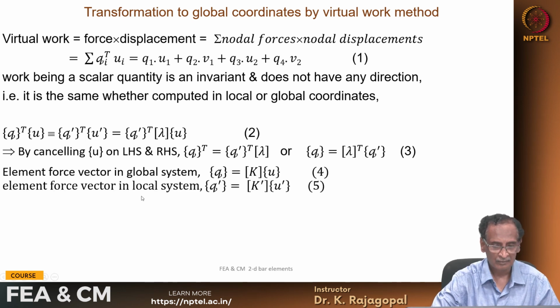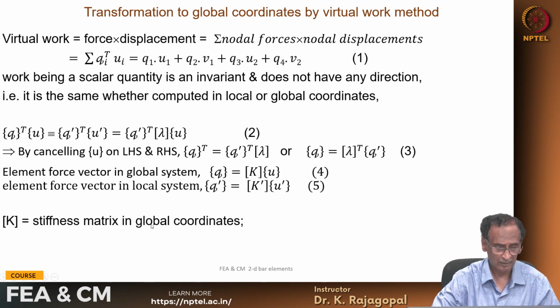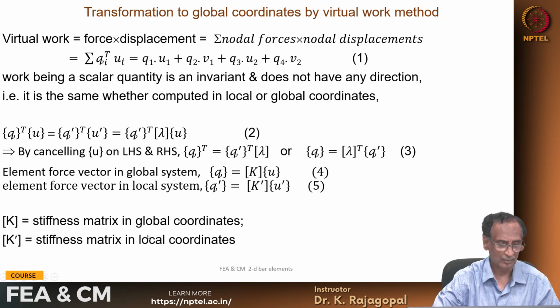And the element force vector in the local system q prime is k prime times u prime. k is the stiffness matrix in the global coordinates and k prime is the stiffness matrix in the local coordinates. Now we need to find a relation between k and k prime because k is the one that we require.